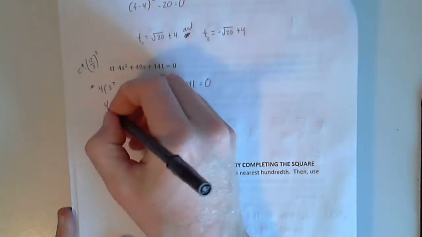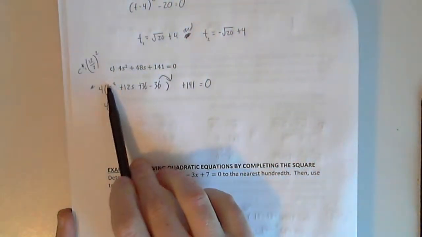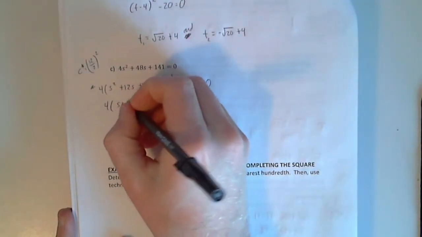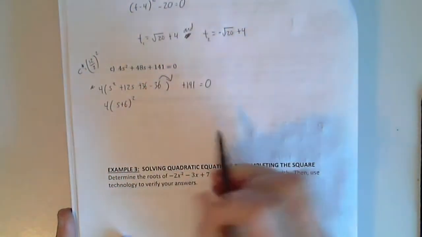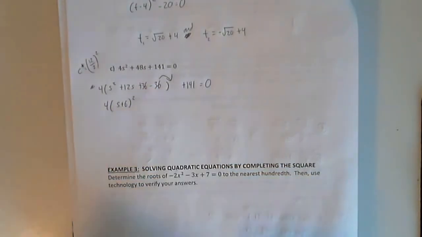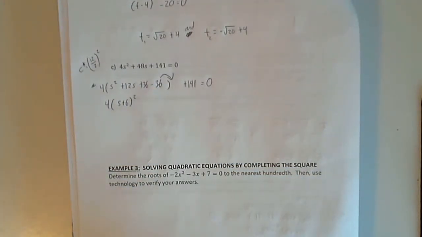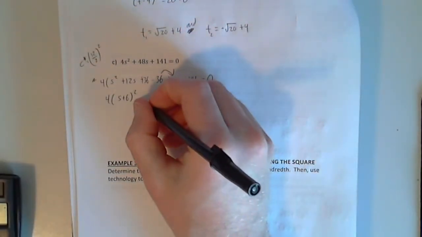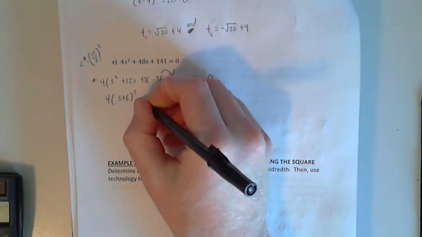So 4, after I complete the square, it's going to be (s plus 6) squared. Now the negative 36 on the outside is going to be negative 36 times 4, which is 144. So negative 144 plus 141 is going to be negative 3. If I did that right. Yep.